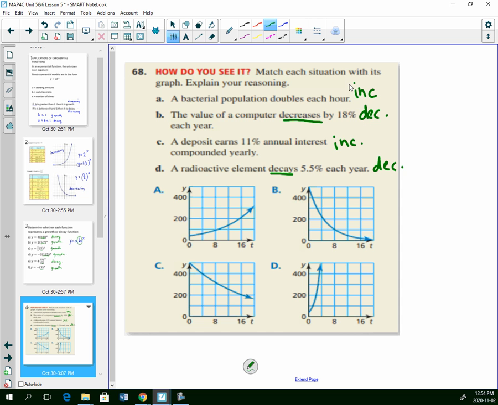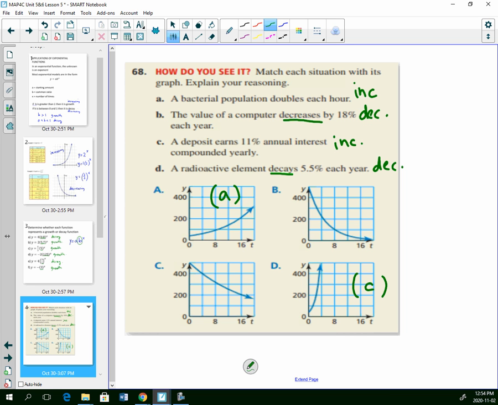Well, the 11% is a bigger interest, a bigger growth factor than 2. Okay, so I would say that this one is scenario C, and this one is scenario A, mainly because graph D is steeper, and the growth factor is much higher at 11% than at 2.